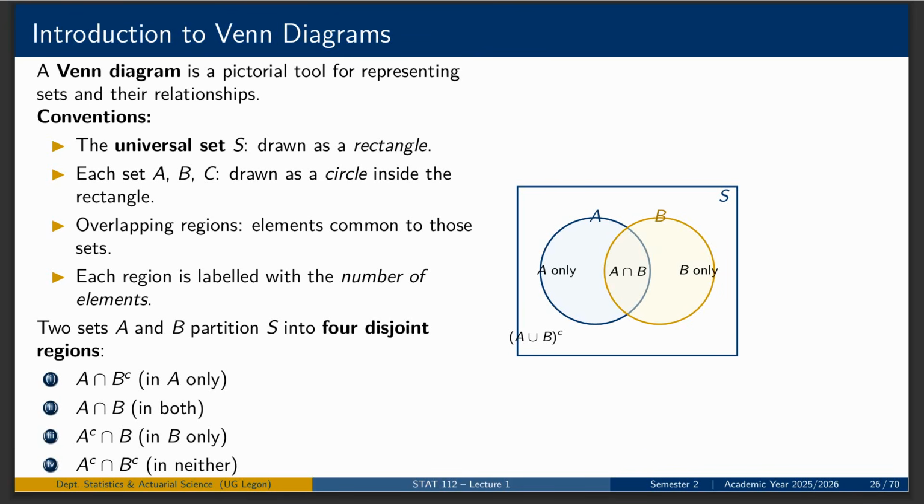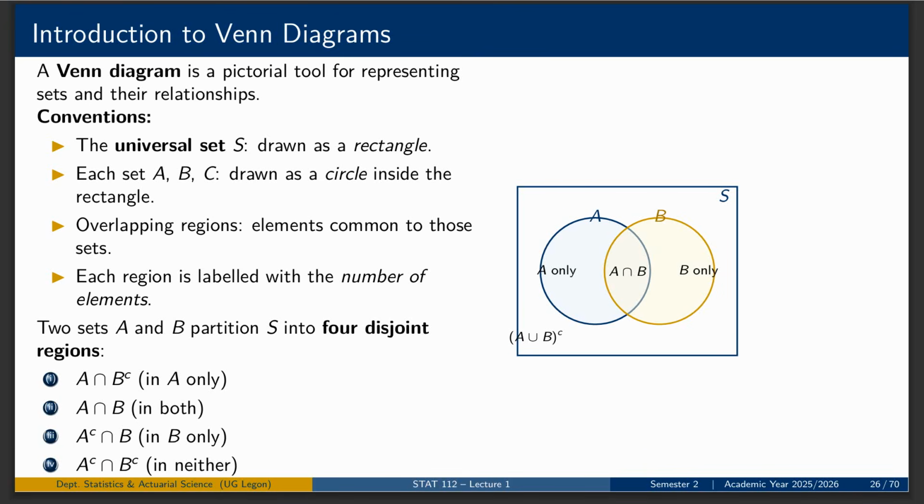Okay. So now I move on to talk about Venn diagrams. Remember the set representations. We've done all of them. Our last one is a Venn diagram. So a Venn diagram is a pictorial tool for representing sets and their relationships. The conventions are that you have the universal set, which is the box, or the rectangle.